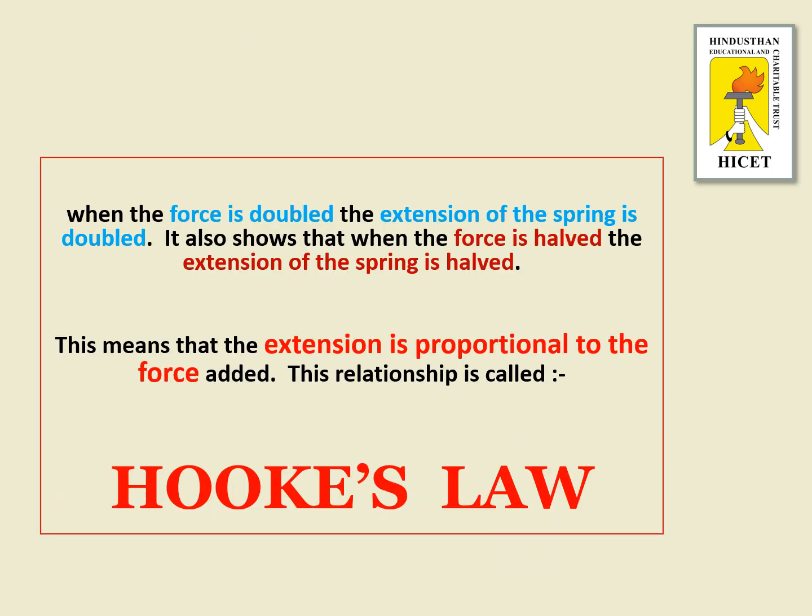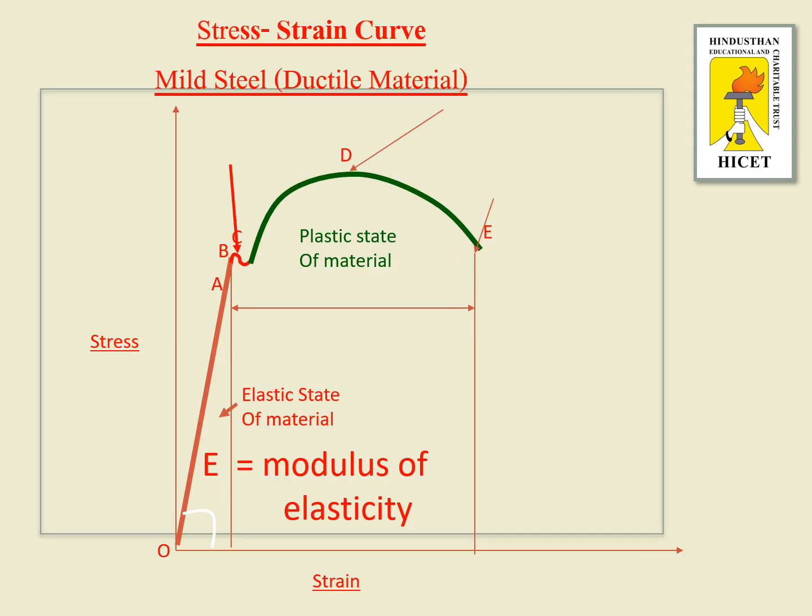When the force is doubled, the extension of the spring is also doubled. It also shows that when the force is halved, the extension of the spring is halved. This means that extension is proportional to the force added. This relationship is called Hooke's law.